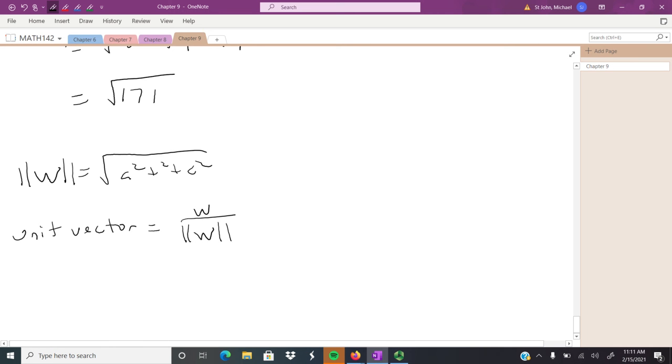And then we can also find the dot product. And so the dot product v dot w is given by a1 times a2, plus b1 times b2, plus c1 times c2.